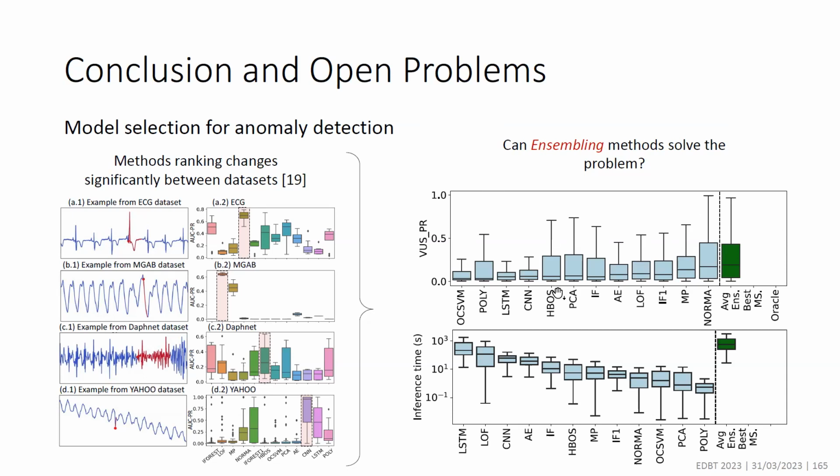Okay. So the second point is, what about automatic model selection? Here, what I plot in white is an oracle. Oracle is basically, let's say that we have at our disposal a method that always selects the best method for each time series. This would be the performance. And there is a huge difference.